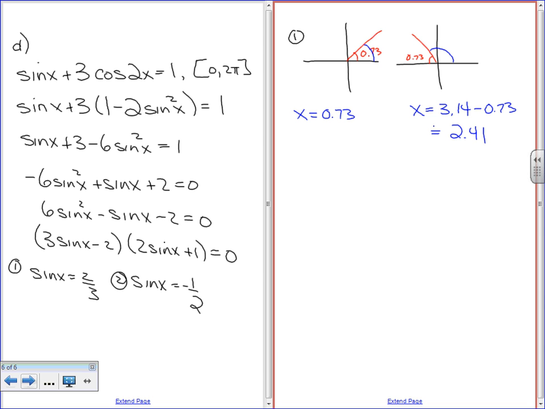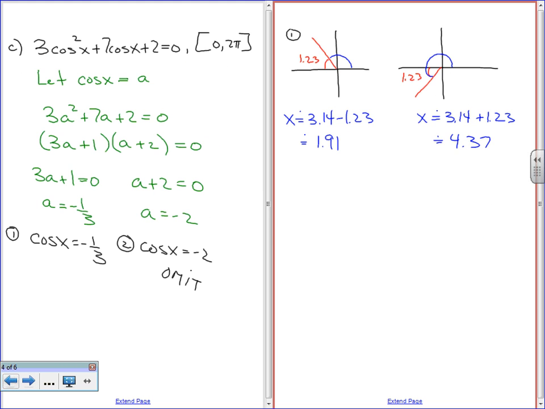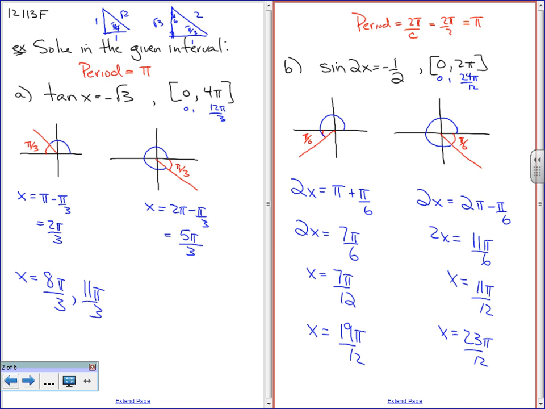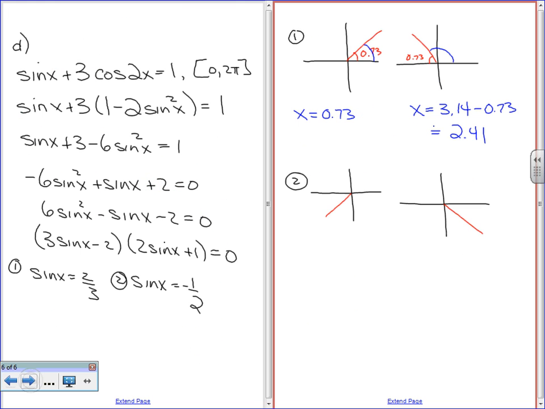My second answers come from my second equation when the sine of x is equal to -1/2. Sine is negative in quadrant 3 and in quadrant 4. 1 and 2 are sides in my special triangles, so we go back to our special triangles. Sine is the opposite side over the hypotenuse, so that'll be pi over 6.